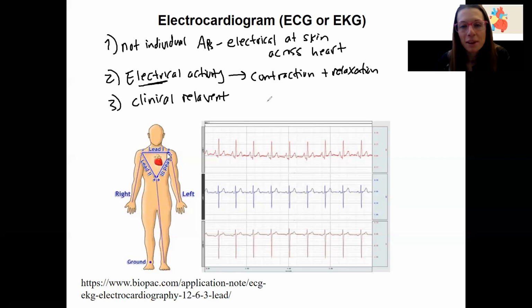So one more thing before I show you the components, I want to give you a sense of how we obtain this information. This diagram here is showing you where you'd have different electrodes on the surface of the skin. And you will do this in lab. And the signal is reflecting the direction of the impulse relative to these electrodes.